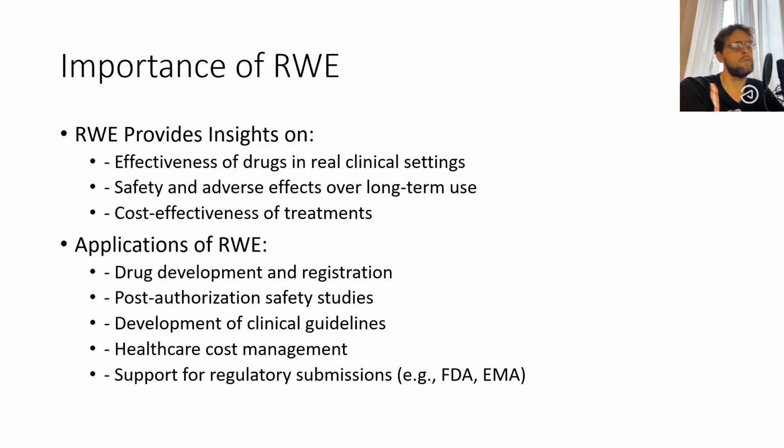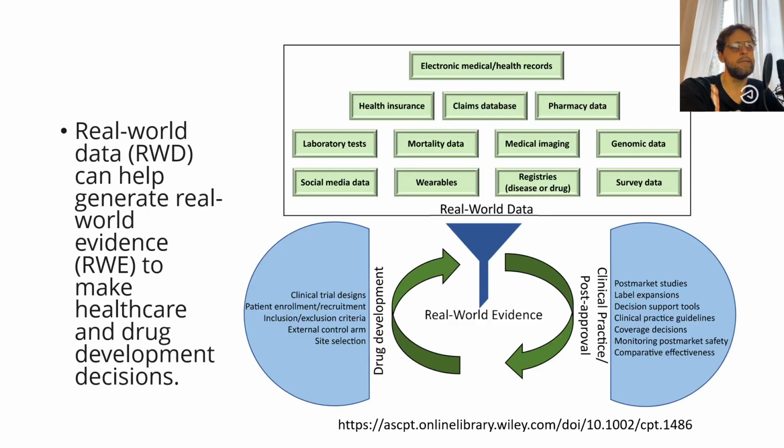And how this data is being used right now is highly regulated by certain agencies, FDA, EMA, and it's quite important to understand at what level we're able to utilize this data and how it's being regulated.